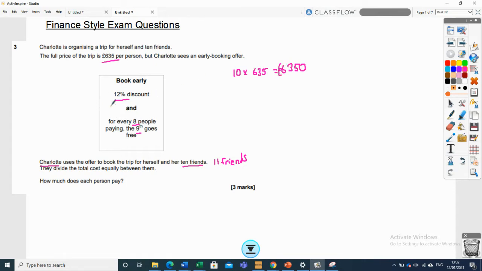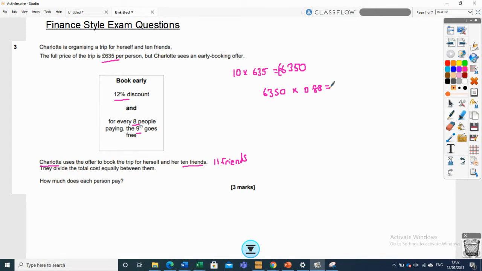We're then going to work it out with the discount applied. Now that is 12% off. So 100 take away 12 is 88%. And we're going to find 88% of that.